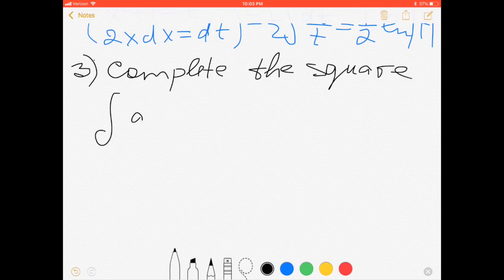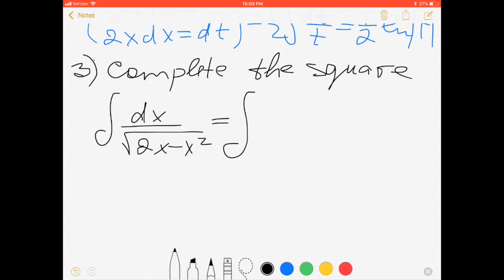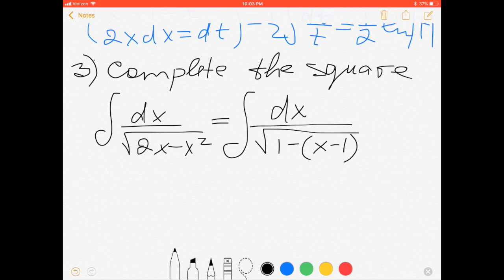For example, you have dx over square root of 2x minus x squared. How do you remember? It will be dx over square root of 1 minus (x minus 1) squared. It will be arcsine (x minus 1) plus c.